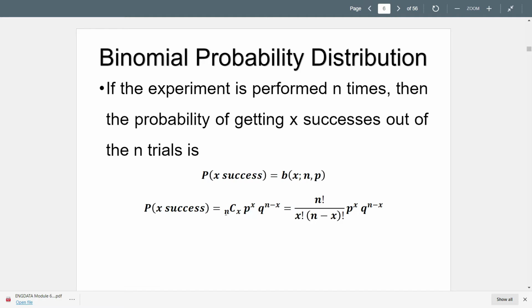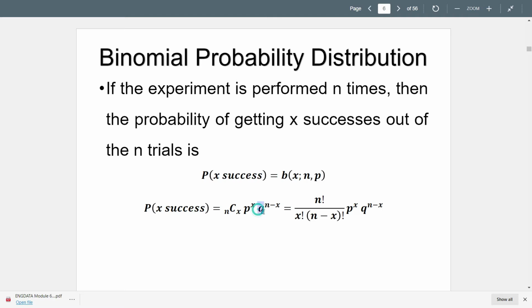So n is denoted as the number of trials. x is denoted as the number of successes in n trials. p is denoted as the probability of success, and q is denoted as the probability of failure. q can also be solved as 1 minus p, so the value of q can be solved using that formula.